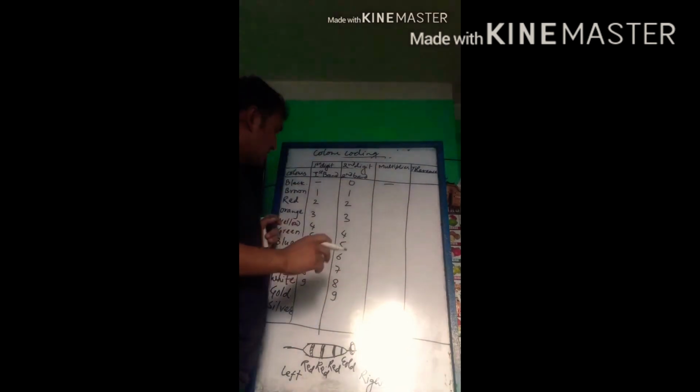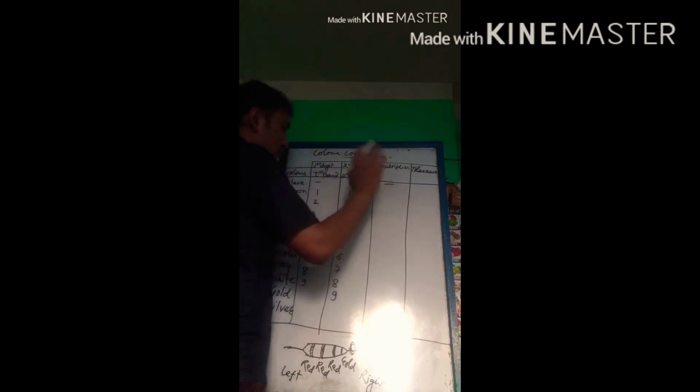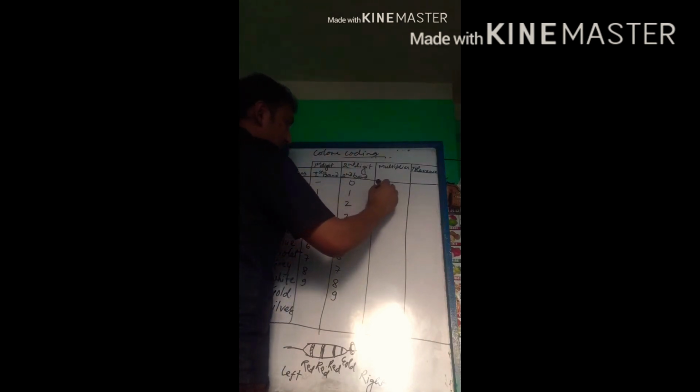Means if brown color comes in third, I have told you in third black color won't come. If brown color comes, then it should be multiplied with 10 to the power 1. If red color comes, multiply with 10 to the power 2.